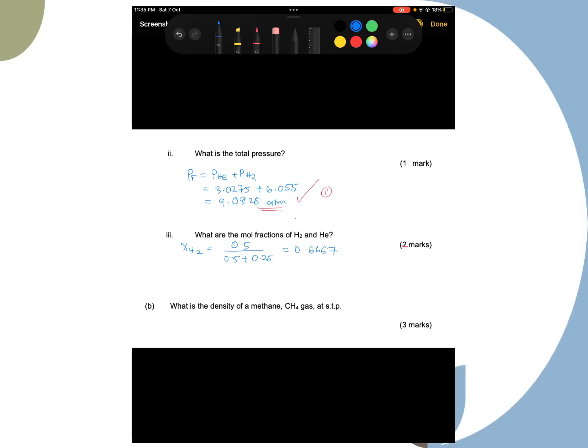Remember, mole fraction doesn't have any unit, it is just a number, because it is a fraction. For the mole fraction for helium, same steps: 0.25 for its mole number, divided by the total mole, 0.5 plus 0.25, so you will get 0.3333. 1 mark for each correct answer.